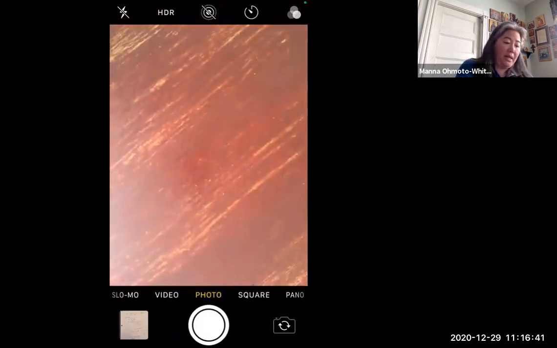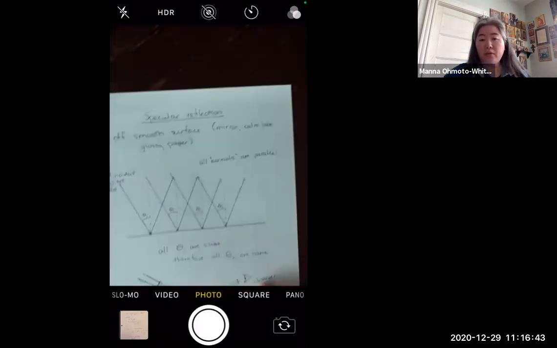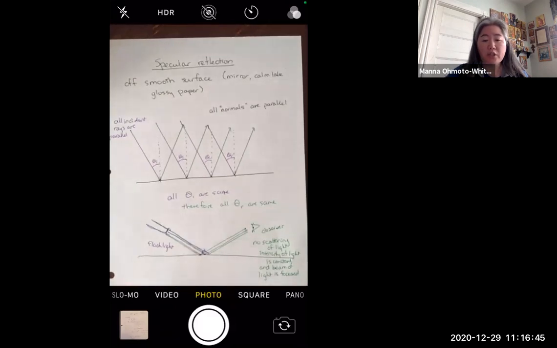This helps us make sense of the two different types of reflection that we have. We have specular reflection and we have diffuse reflection. Specular reflection comes off of a very smooth surface, like a mirror or a calm lake or glossy paper. It's very smooth, so the surface is almost completely planar.